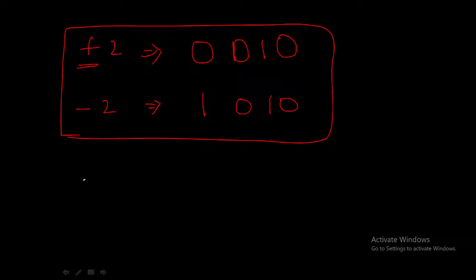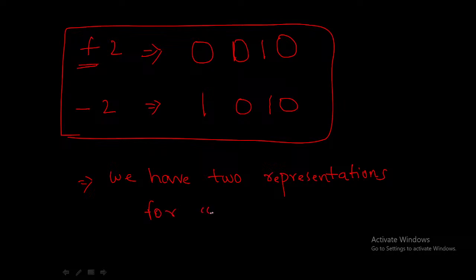Likewise, in sign magnitude representation, for 0 also we have two representations: plus 0 and minus 0.